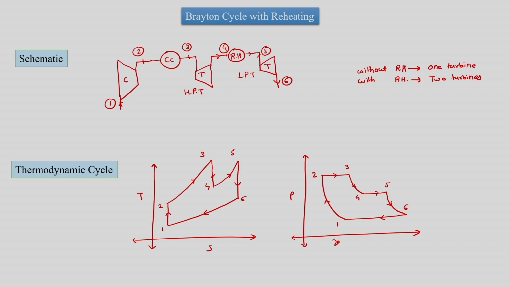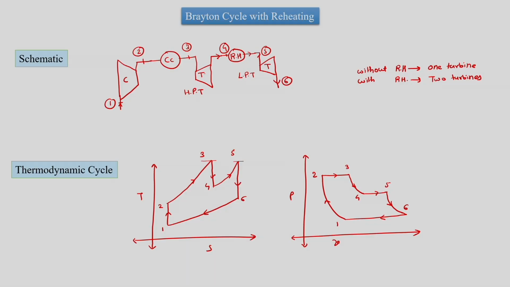Further, one should know one more thing, that the reheater is heating the gas or air, and the temperature at the exit of the reheater in general would be the same as the temperature at the exit of the combustion chamber. Unless otherwise prescribed or required, T5 could be different from T3, but otherwise T5 is equal to T3.